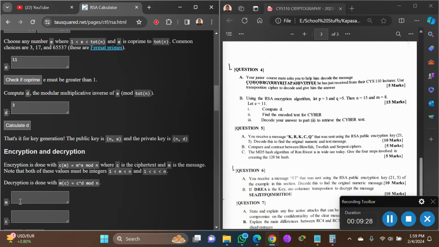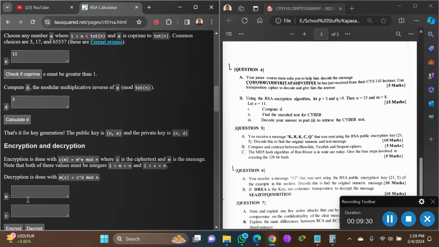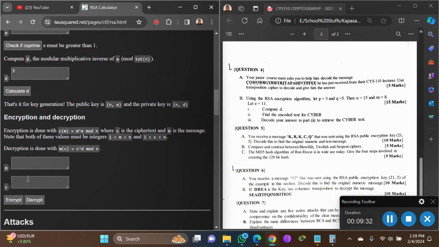We need to input a certain plain text in this box. Once we encrypt, it will be encrypted. If we put something encrypted in this cipher and decrypt, we get the plain text back. So now let's do that manually, then we'll use this site to confirm.